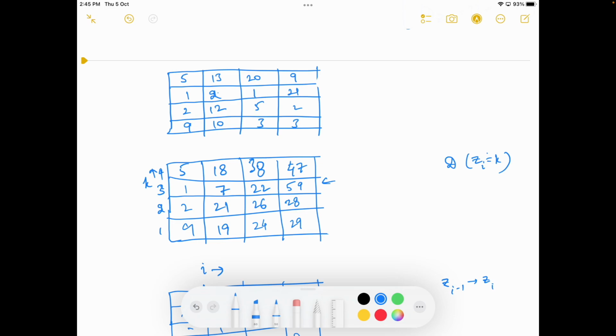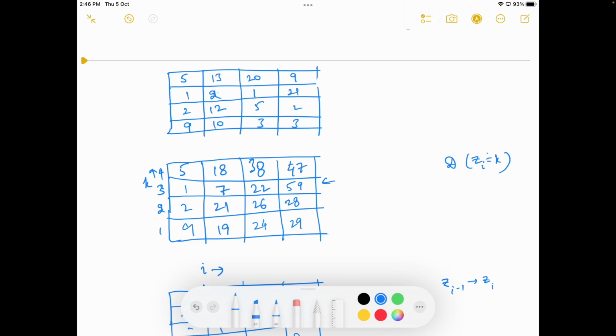If I reach here, I will gather only 47 points. Here 28, 29. Since I am free to reach anywhere on this final column, let me reach here only. And the number of points which I accrue is 59.